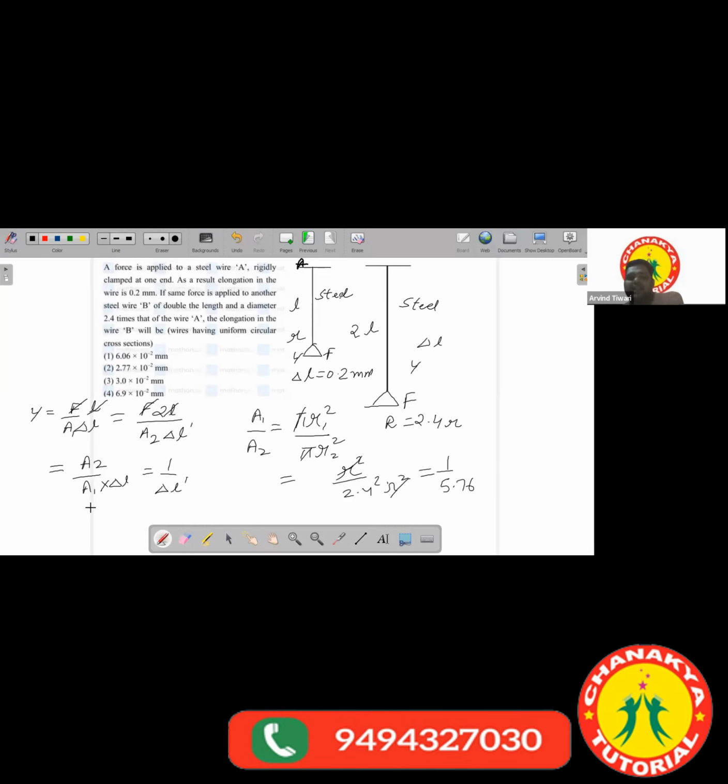But we want delta L dash. So our delta L dash, that is the new change of dimension, should be equal to area A1 multiplied by delta L over the second area A2. So A1 over A2 we have found out. A1 over A2 is 1 over 5.76. You just have to multiply it by delta L, which is 0.2.